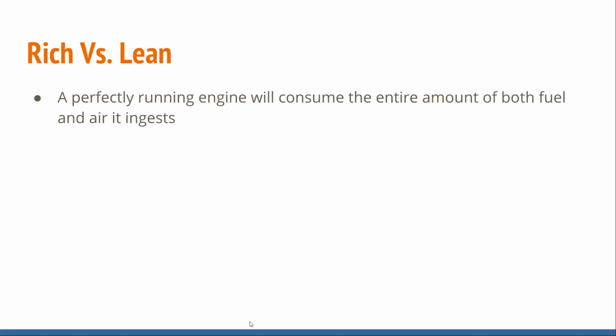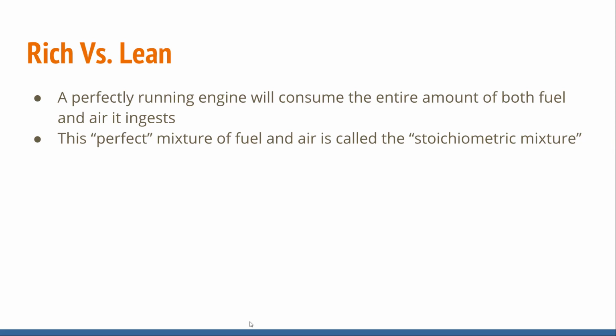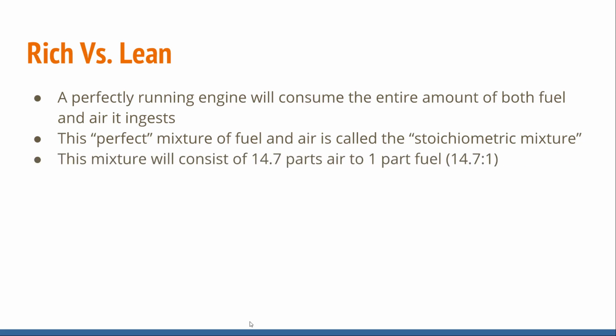So a perfectly running engine will consume the entire amount of both fuel and air it ingests. It'll consume 100% of it. And this perfect mixture of fuel and air is called the stoichiometric mixture. Let me say that again, stoichiometric mixture. This mixture will consist of 14.7 parts air to 1 part fuel, or 14.7 to 1.